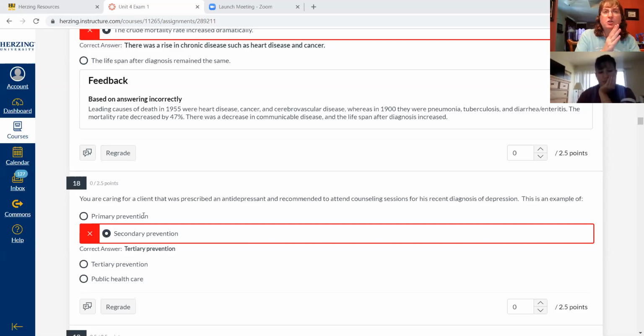Secondary means you may have it already, but you're trying to catch it early so you can do something about it, get on the right meds, and do well. Tertiary means you already have it, you have some type of disability from it, and you're trying to do rehab or something along those lines so you're more functional. Does that make sense? Yeah. Okay.